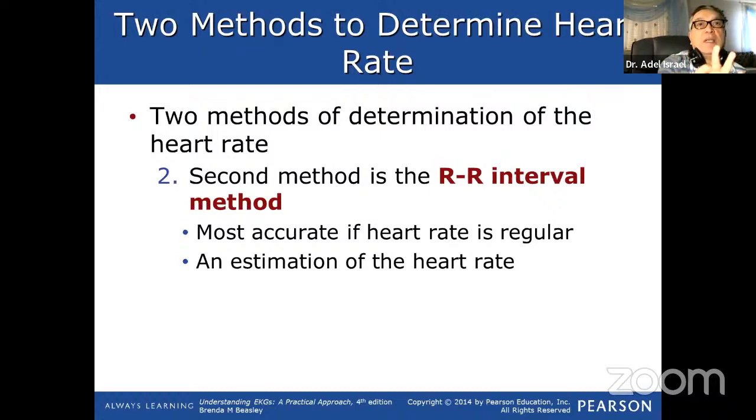The second one is to count how many R to R distances in big squares, and you divide 300 by this number. And the third method, you count the small boxes between R and R, and you divide 1500 by this number, and you will get the most accurate technique for the heart rate.